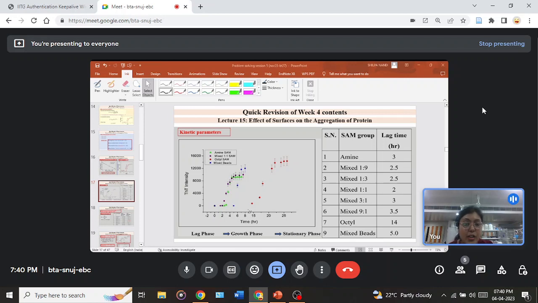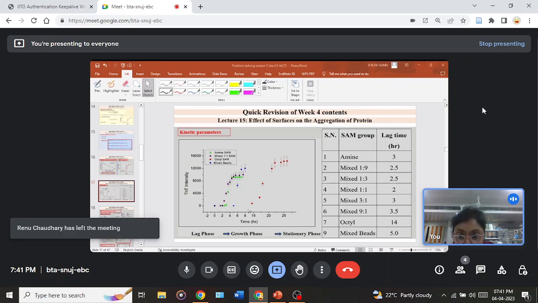On the right you have a table in which you can see octyl has a lag time of around 14, and the one with the lowest lag time is the mixed 1:1 beads, the violet one representing the mixed beads.